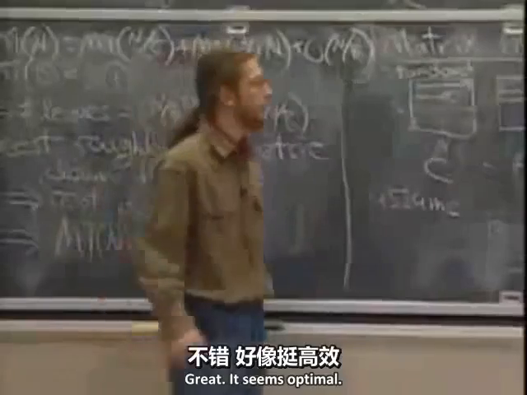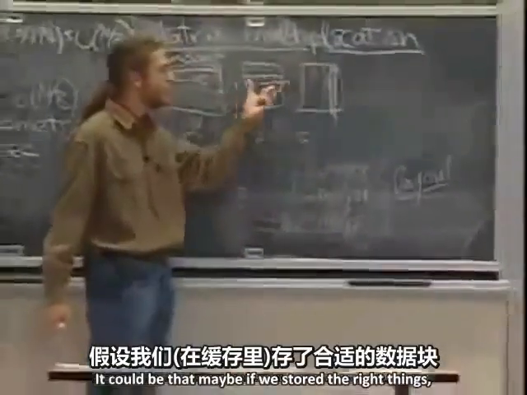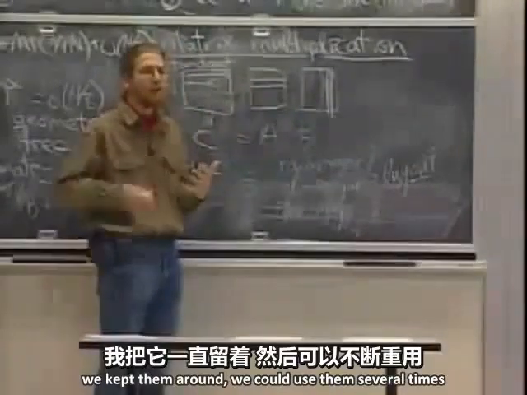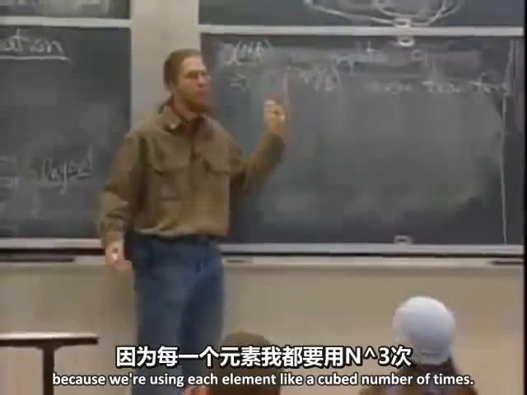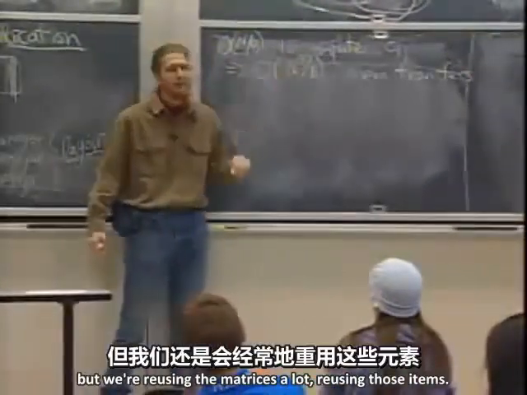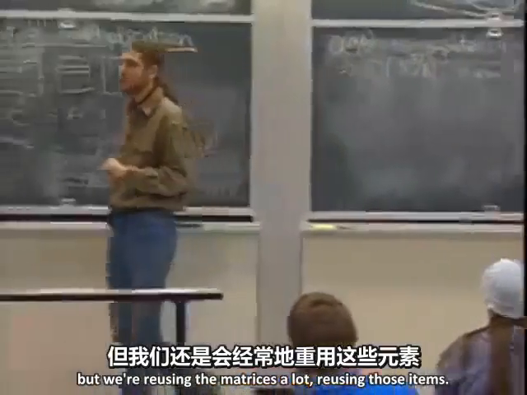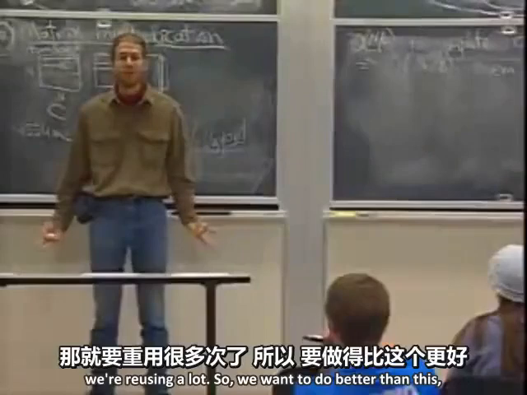Great. Seems optimal. But we don't have good temporal locality. It could be that maybe if we stored the right things, we kept them around, we could use them several times. But we're reusing the matrices a lot. If we're doing n cubed work on n squared things, we're reusing a lot.